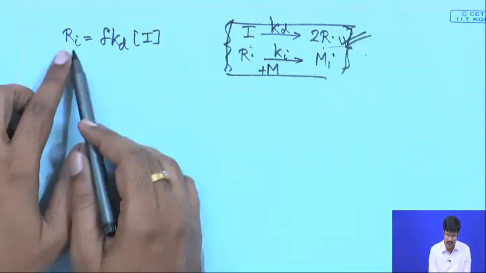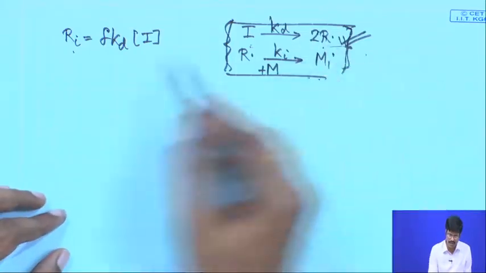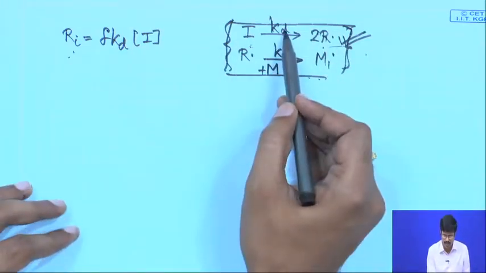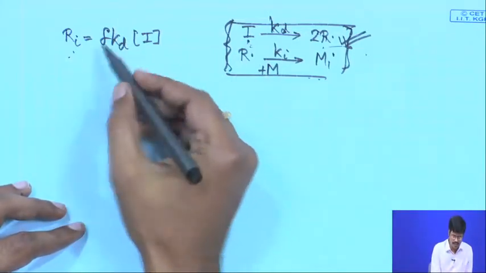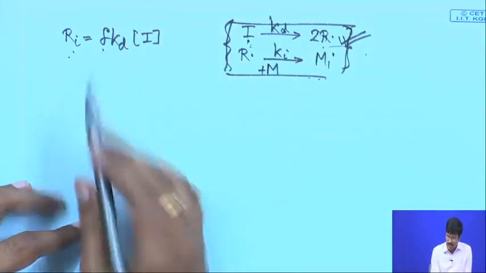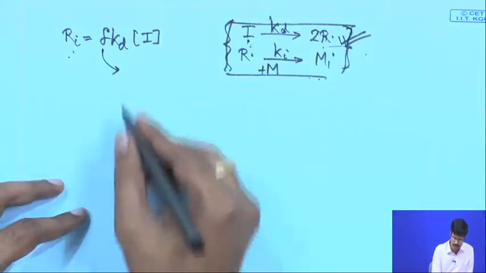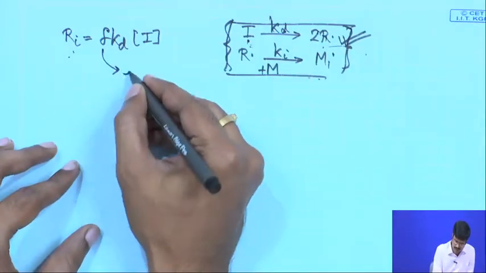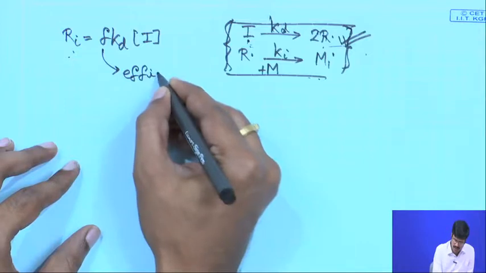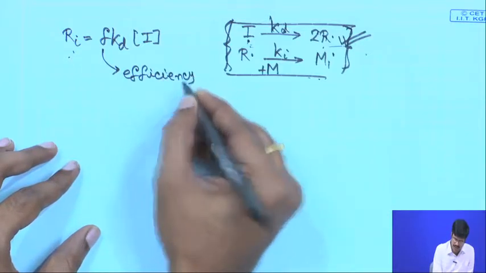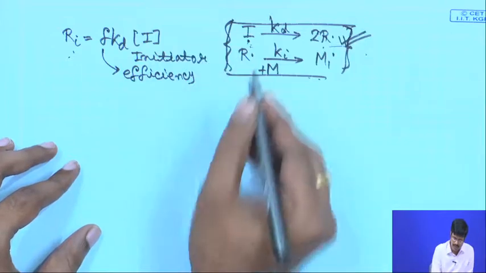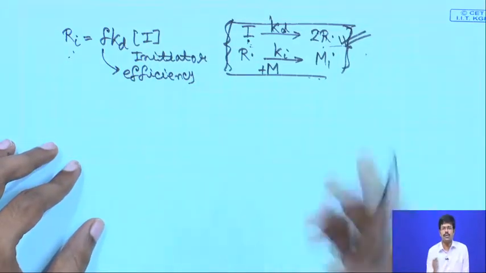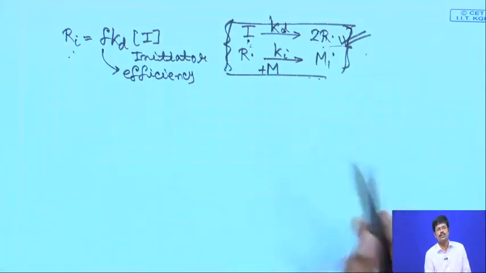So, that is why the rate of initiation, which encompasses both the reactions, is nothing but equal to your dissociation constant into I, the initiator concentration, and then there is a term f. This f is nothing but the initiator efficiency. So, why not initiator efficiency being 1?